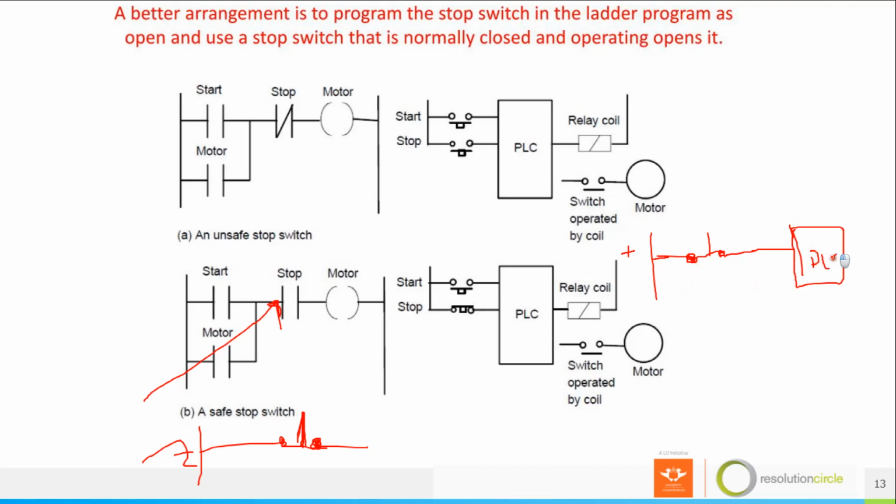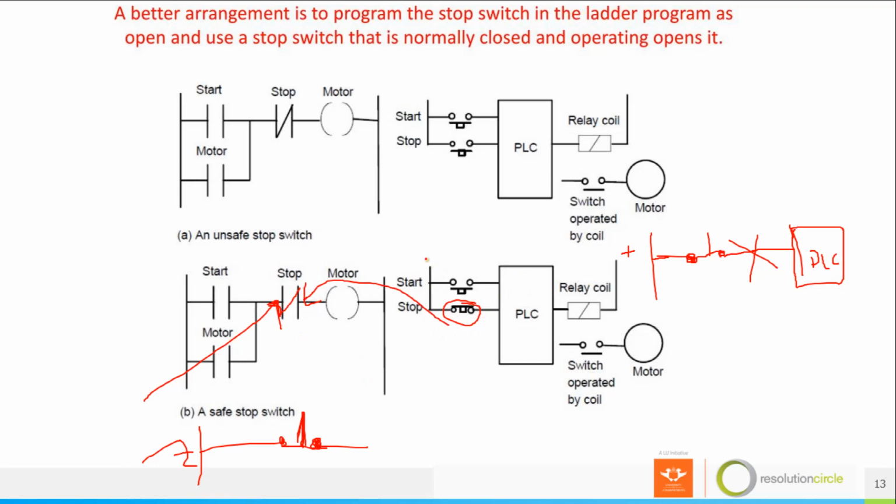I'm sorry. Let's say now something happens and this wire is cut here. The PLC is no longer receiving 24 volts. Your motor will never run, because for your motor to run, this normally closed will change the status of this normally open on the program. Then this normally open will be a normally closed as long as this is closed.